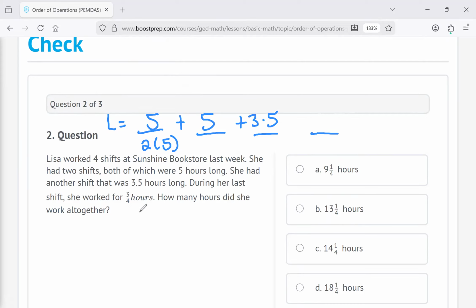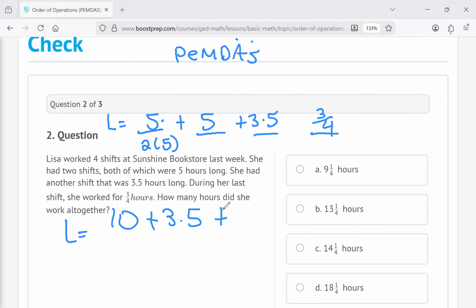During the last shift, she worked 3/4 hours. Okay, so just clean it up. So order of operations, it's really just addition and subtraction. So you just go from left to right. 5 + 5 is 10, plus 3.5, plus 3/4.